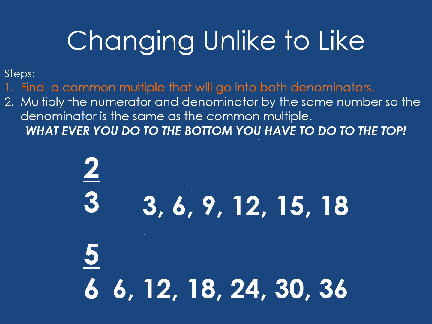Now, look at these multiples of 3 and 6. Where is the common number? The least common number is 6. So now you can proceed to similar fractions.